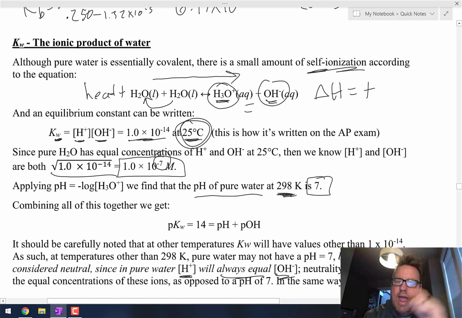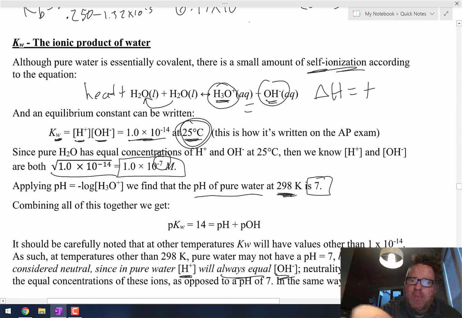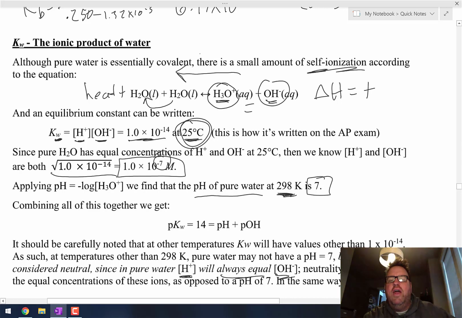And likewise, if you lower the temperature, so at 10 degrees Celsius or 0 degrees Celsius, what happens? That makes the reaction shift back to the left, and therefore the hydrogen ion concentration is going to go down, which means the pH is going to, of course, go up.